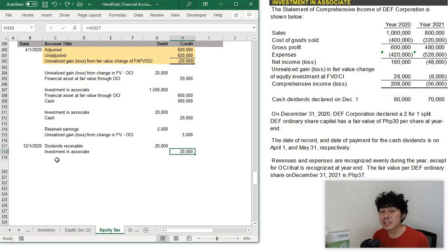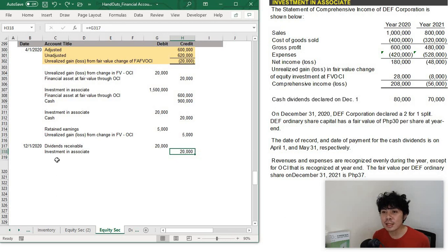Kasi maraming transactions na may effect sa shareholders' equity. At hindi naman natin kayang i-discuss lahat yun kasi iba-iba yung effect nun minsan. So doon lang tayo magpo-focus sa most common na taon-taon nakaka-apekto siya sa equity ng isang kumpanya. At yun yung net income or comprehensive income at yung dividend declaration or payment.